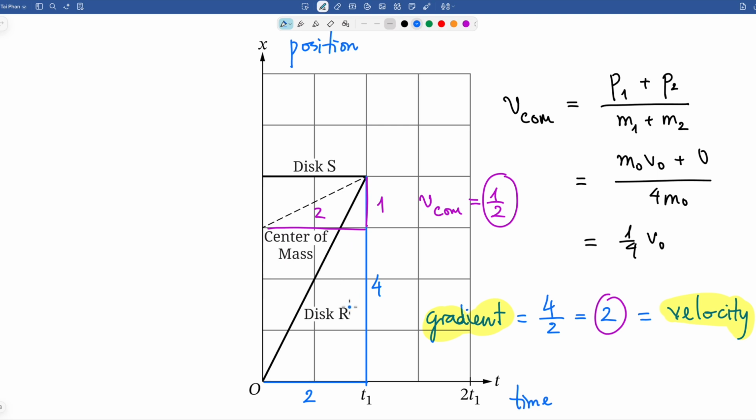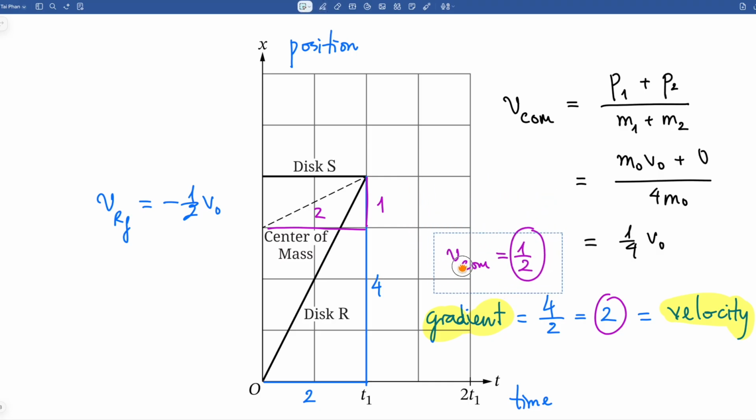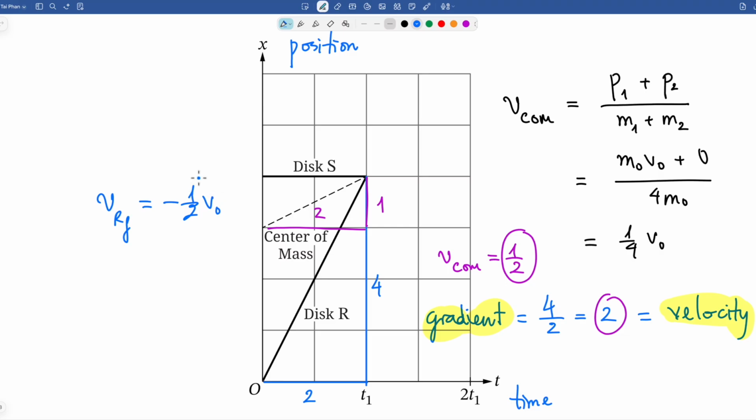After the collision, the disk R has the final velocity of negative 1/2 v0, bouncing backward to the left. Therefore, its velocity is negative, which is represented by a downward line, and its gradient is 1/2 of the original gradient.